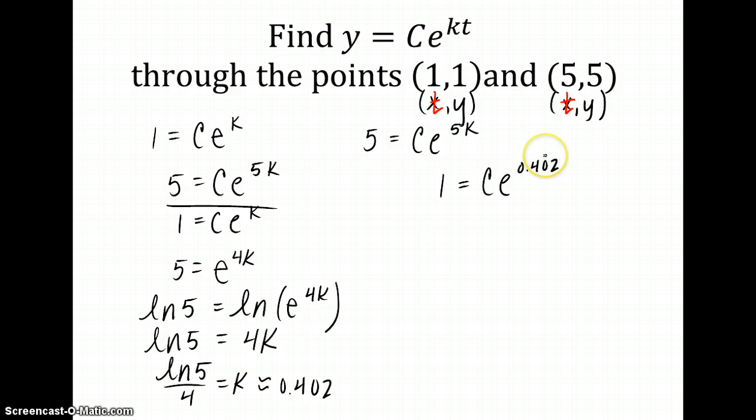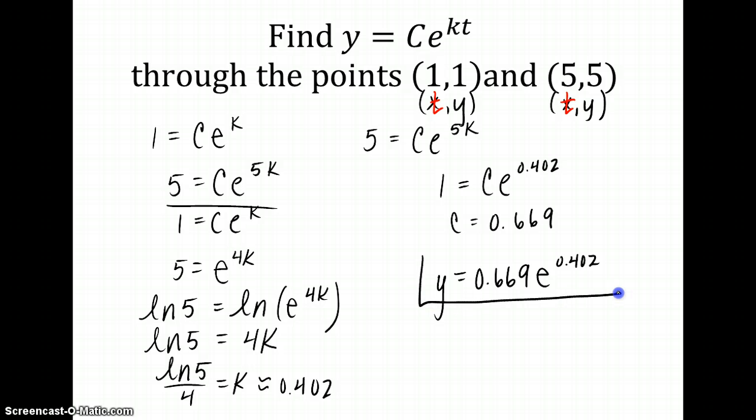And solving this for c, and for the classwork today, you do get calculator practice for that. So to solve for c, we would just divide both sides by e to that power.